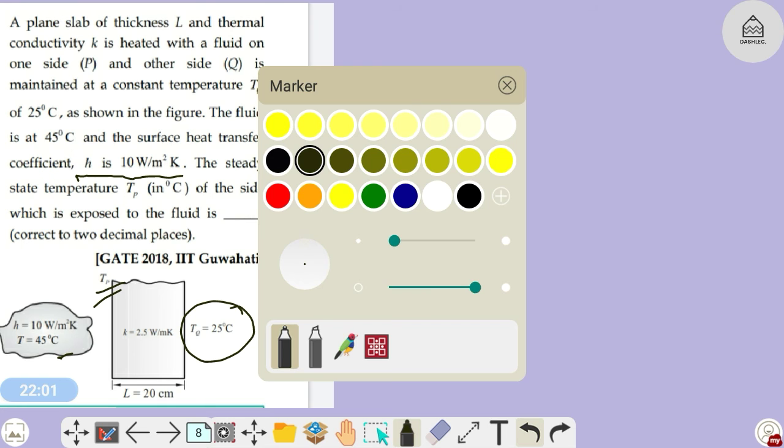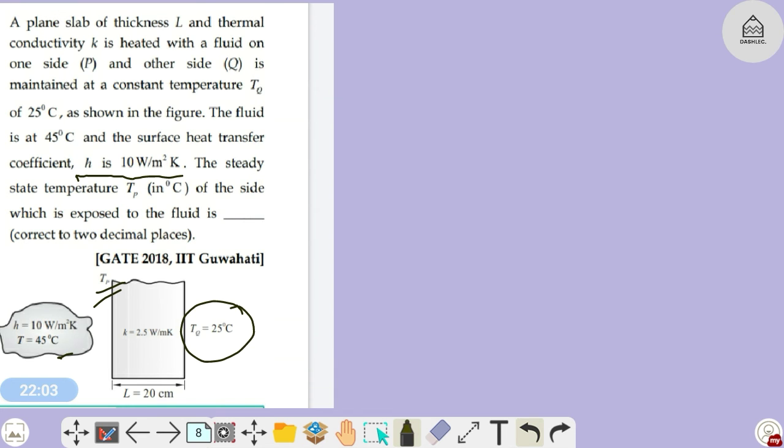So again we have to do the same thing, the network diagram. First the convective resistance, then the conductive resistance.